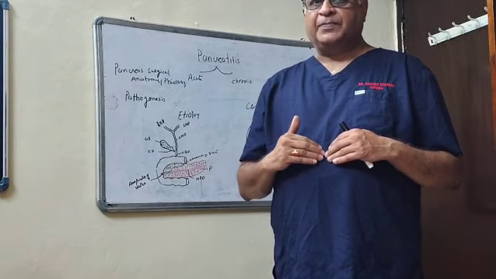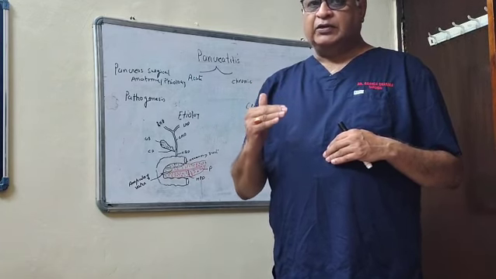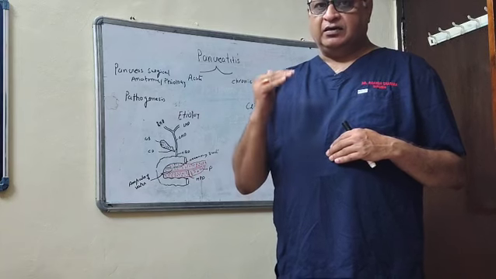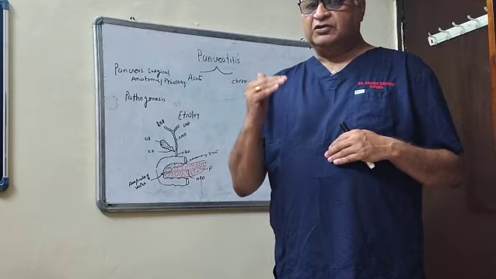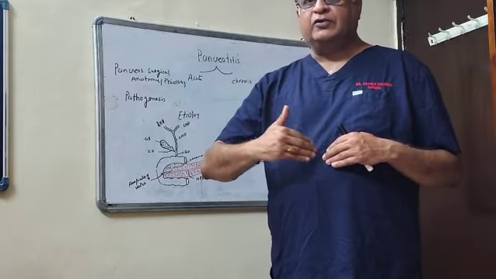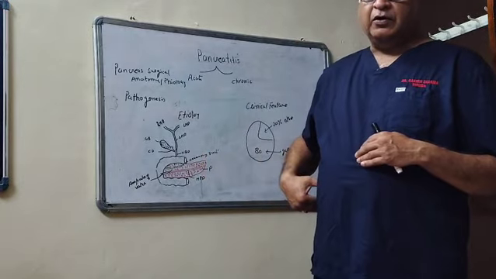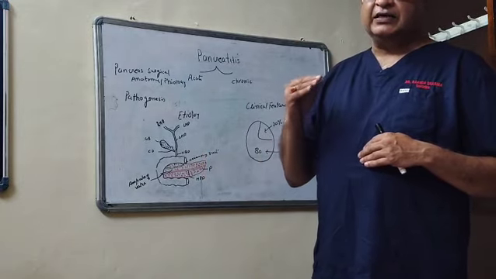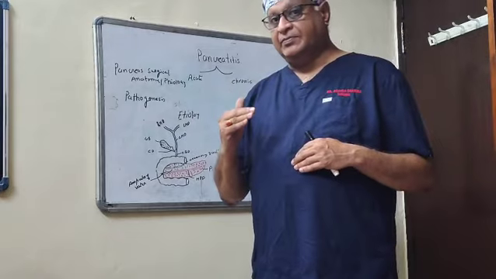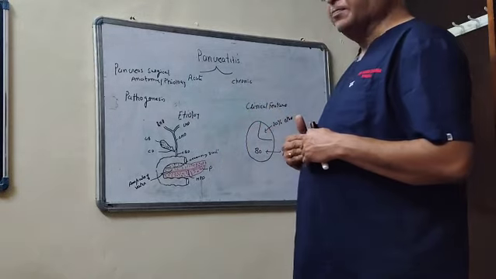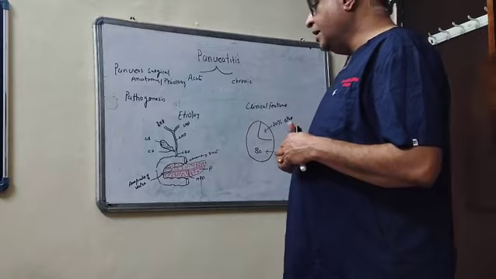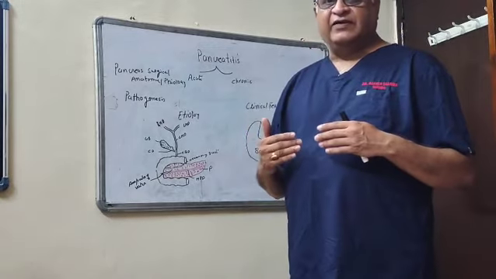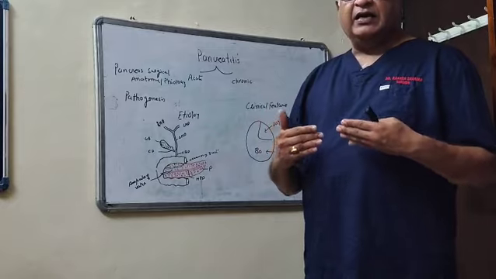The character of the pain: sudden, shooting, severe abdominal pain with nausea and vomiting, radiating towards the back, because the pancreas is a retroperitoneal organ. Always remember, it forms the stomach bed. And the patient feels comfortable sitting and leaning forward.